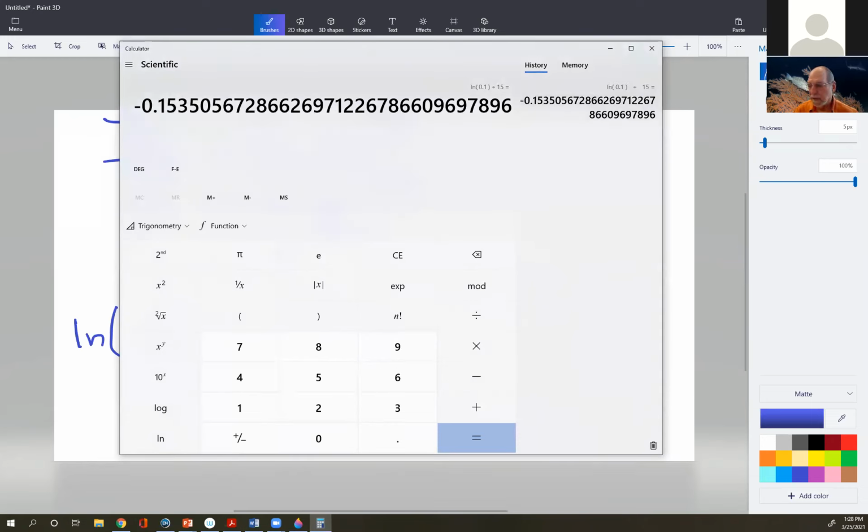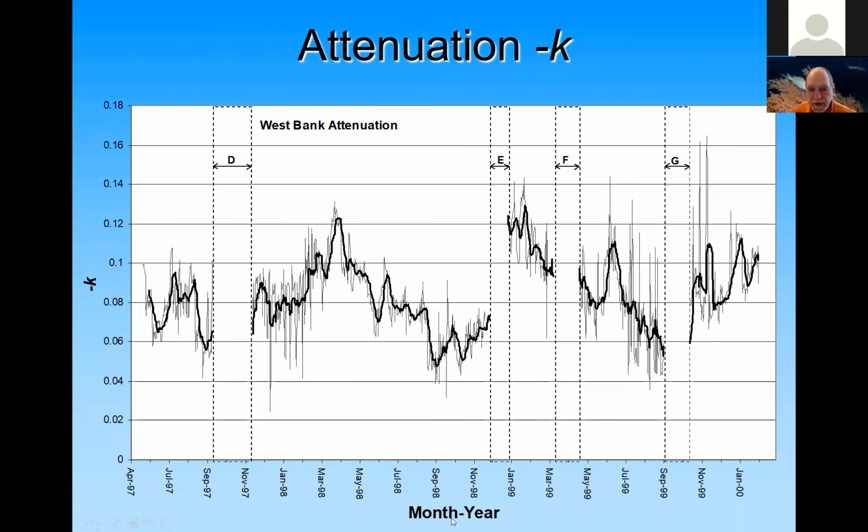And so if we close all that, look at the actual attenuation that we recorded in February, we can see that in February we're approximately at 0.15. And this, of course, goes up and down at different times. The dark line is the 7-day moving average. Okay, so that was how you would calculate the negative K based on measured light levels in the water column.